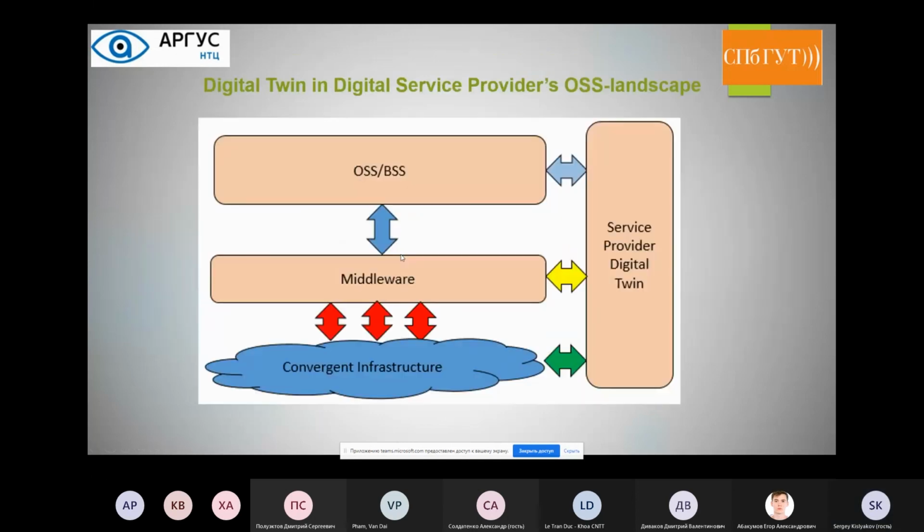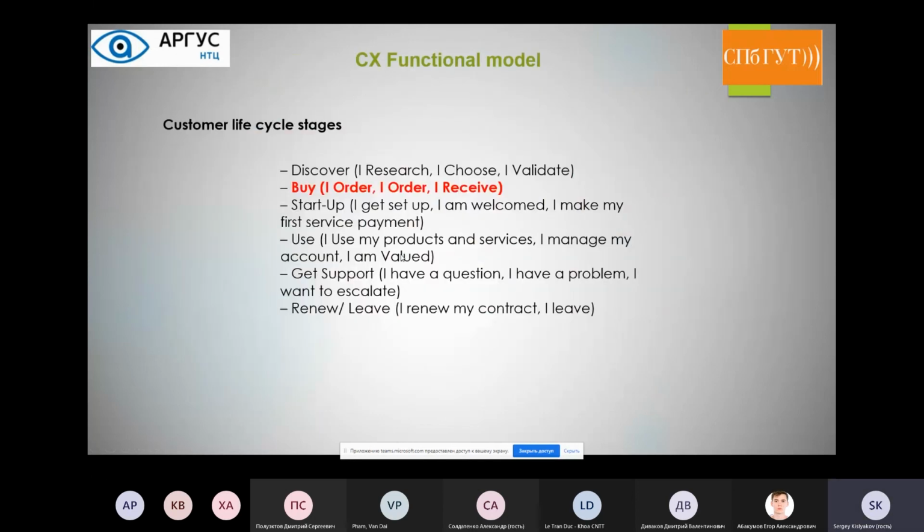To build it, we used customer life cycle stages from TM Forum standard documents.